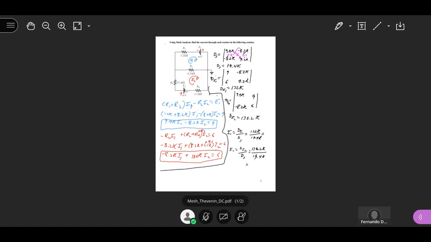So this is going to change here to 18.4. 18.4. So this one is 18.4 here too.